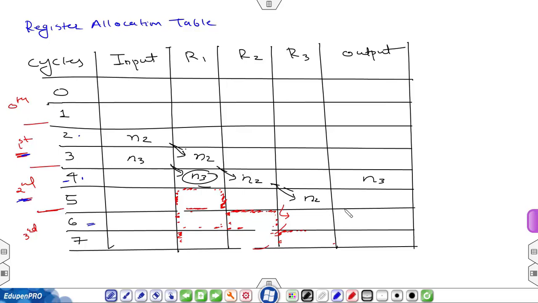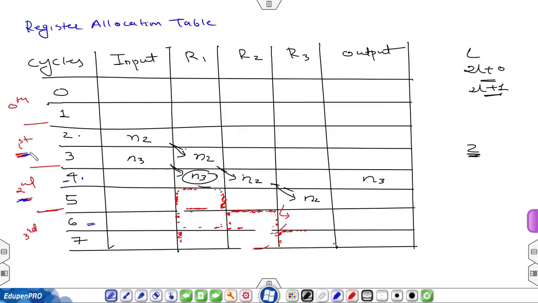So the given program is periodic with iteration period 2. So now we also have to consider the periodicity. Consider this iteration number first. Any iteration L will have two cycles, 2L plus 0 and 2L plus 1.